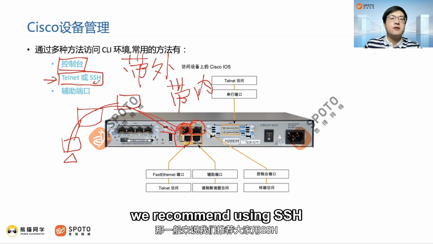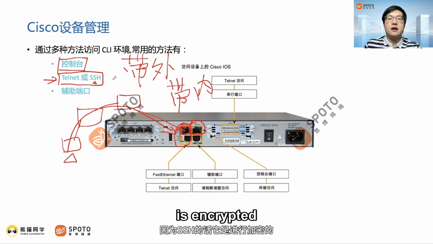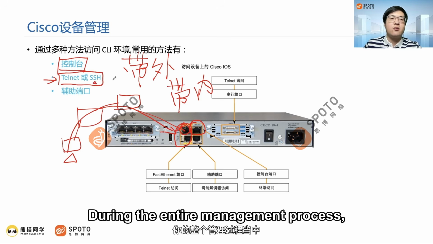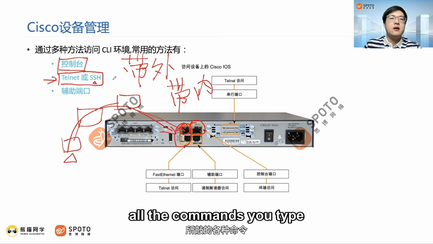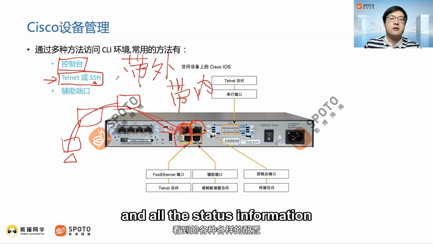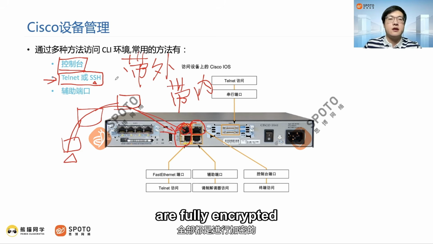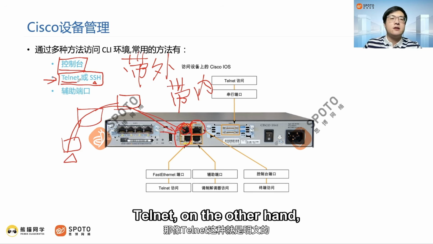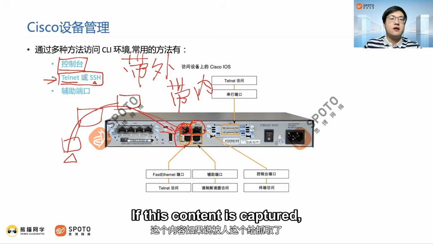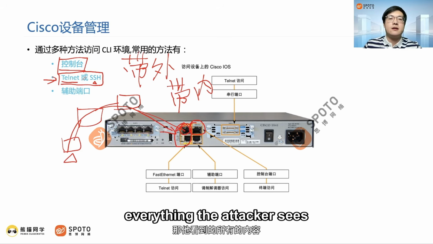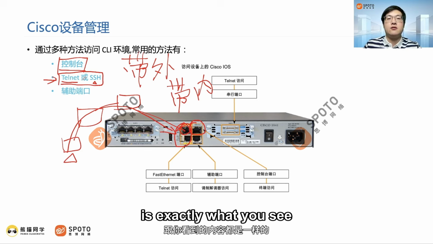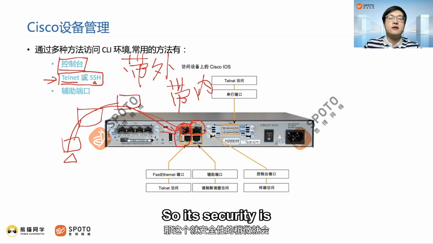Generally speaking, we recommend using SSH because SSH is encrypted. During the entire session, all the commands you type, all the configuration, and all the status are fully encrypted. Telnet, on the other hand, is plain text. If this content is captured, the attacker sees exactly what you see. So its security is somewhat weaker.